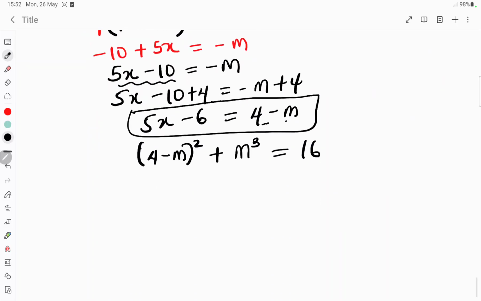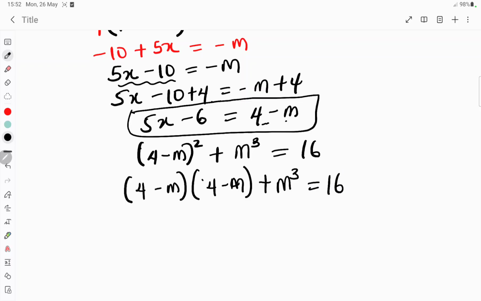Good. On having this, we can now expand the middle bracket: (4 - m)(4 - m) + m³ = 16.